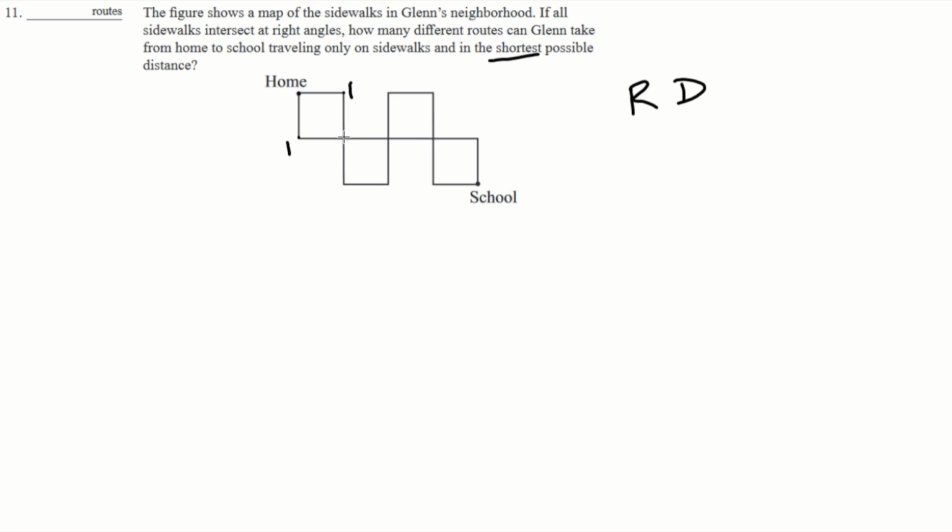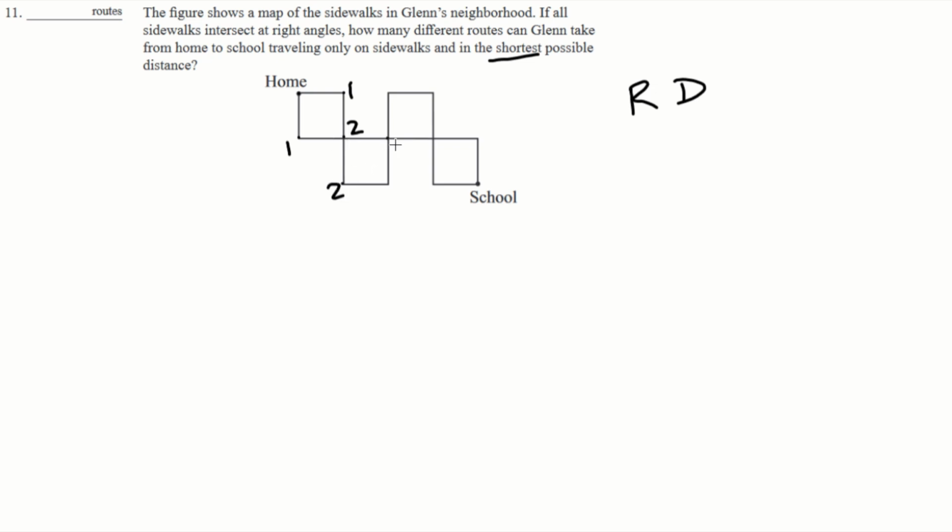Now, to get to this point, you can either come from the top right corner or from the bottom left corner. So that means there are two ways to get here. Okay, and then from here, to get down to here, you can only come from this point. So however many ways there are to come to this point, that's the same number over here, because it's that same path, just with an extra fixed down tacked on.